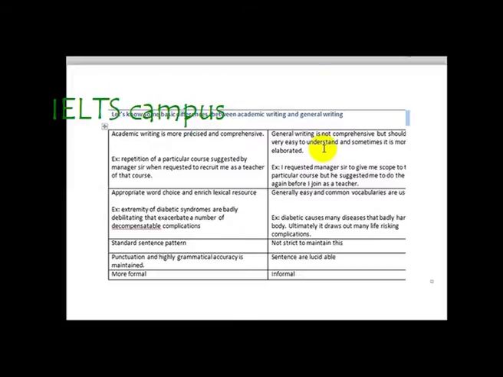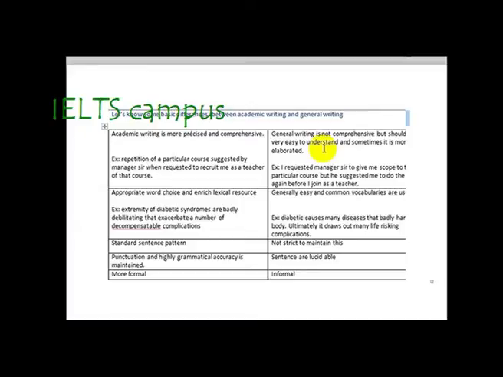Let's have an example: Extremity of diabetic syndromes are badly debilitating that exacerbate a number of decompensatable complications. This is an example of academic writing, and here I have used some vocabulary that is not commonly used, like extremity of diabetic syndromes. People usually say complications or diseases, but here I have used syndromes.